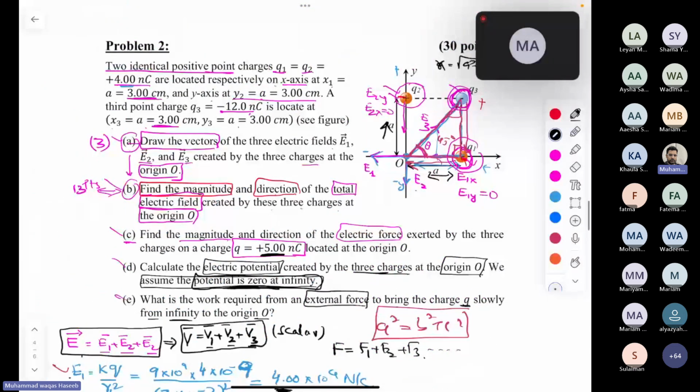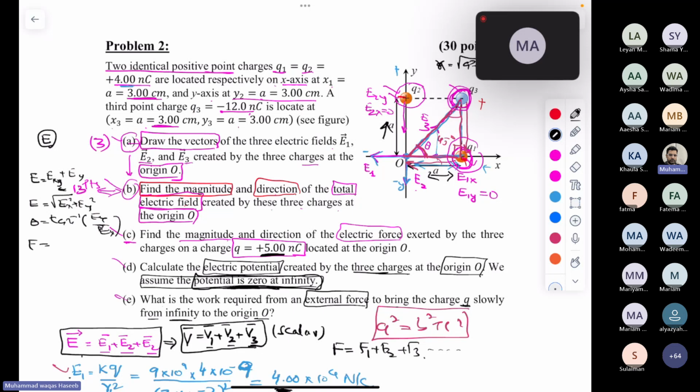This problem is a comprehensive problem on what you have learned in electrostatics. You first draw the electric field vectors, then calculate the total electric field as the sum of the x and y components. Then you get the magnitude from Ex squared plus Ey squared, and the direction from tangent inverse of Ey over Ex.